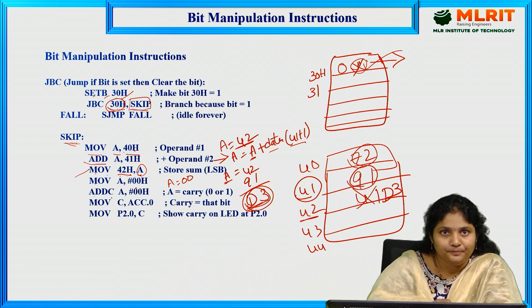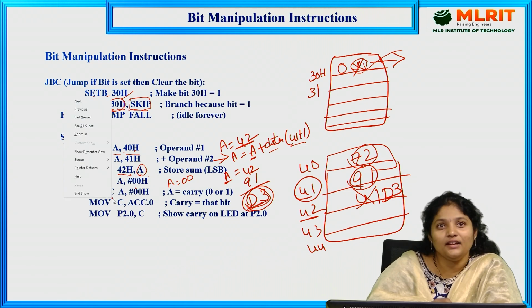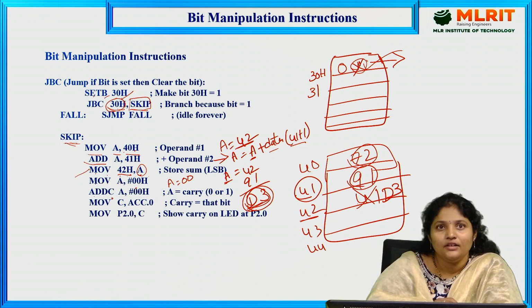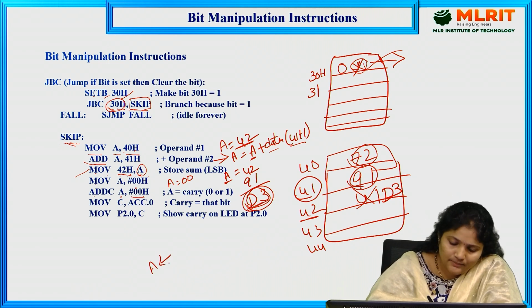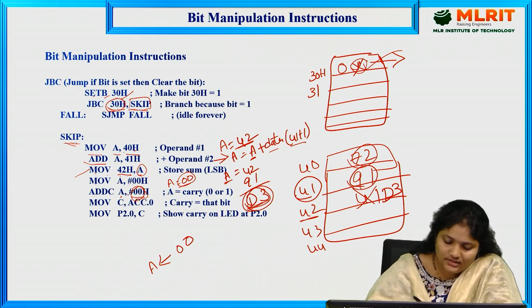ADDC. So what is the exact operation of ADDC? It is add with carry. So here we need to add A, the data in the accumulator, with 00H. The data in A is already 00 and the data we need to add is 00.